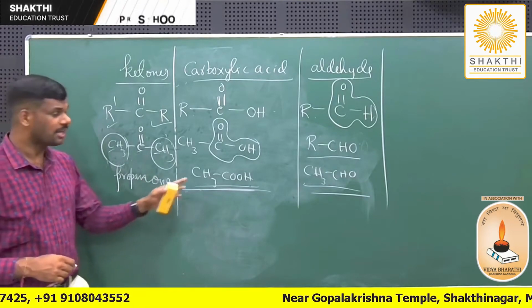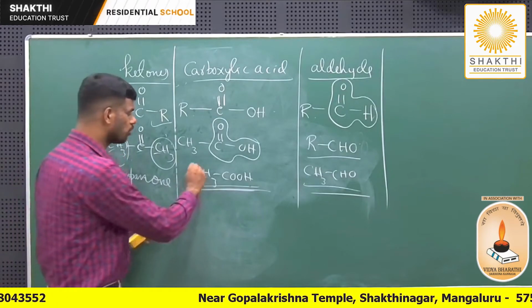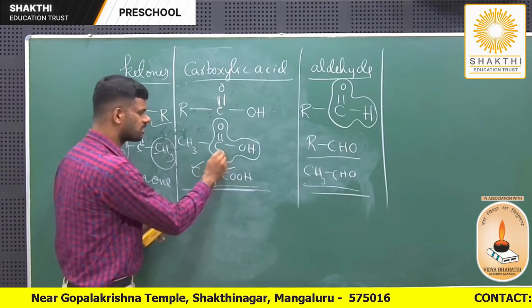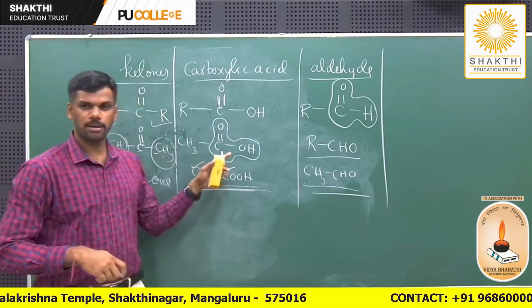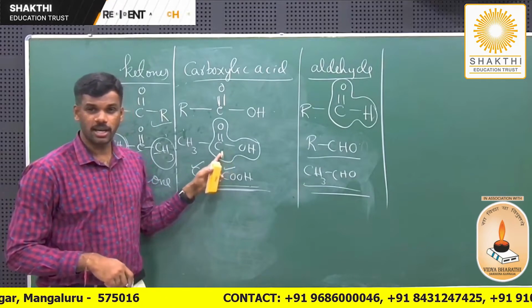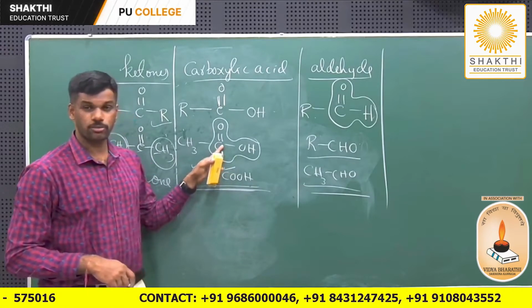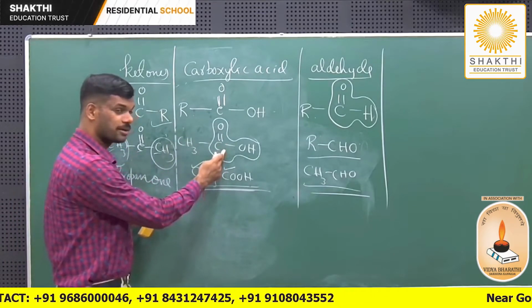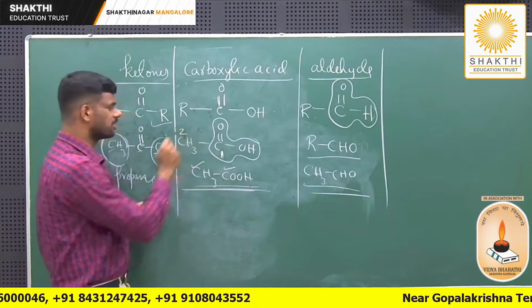Is it clear? Coming to carboxylic acid. 2 carbon atoms. Carbon atom number 1, 2. But nomenclature should start with carbon atom number 1, which has the functional group. When you go to the upper classes, you will study why number 1 is given to the functional group. Always the functional group is preferred. You can't start from here. You have to start from here. The functional group is the first carbon atom. This is the second carbon atom.